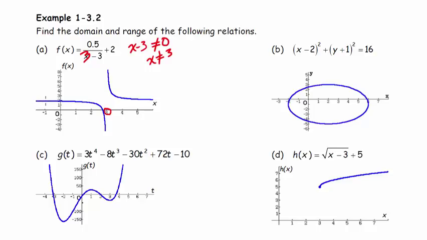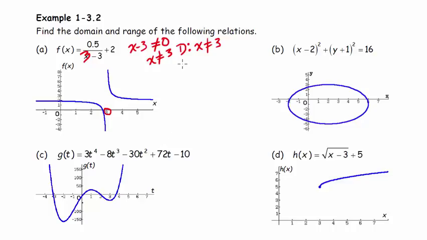If I go left to right, I can take on that value, that value, that value, but do you see how I jump over 3 here? And keep going. So my domain, I'll use a D for that, is everything except for 3. The way that we write that is x not equal to 3.